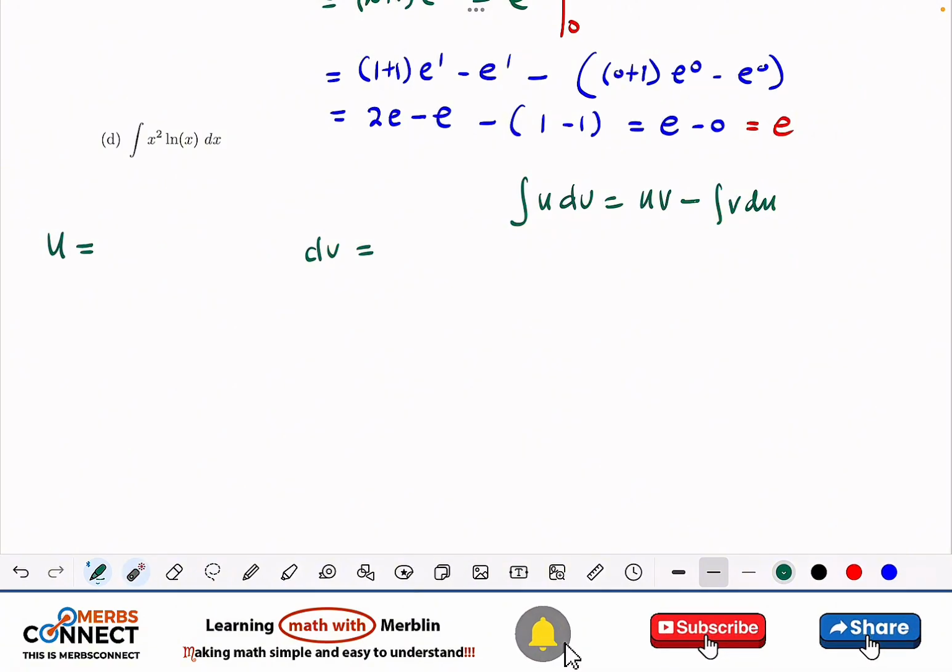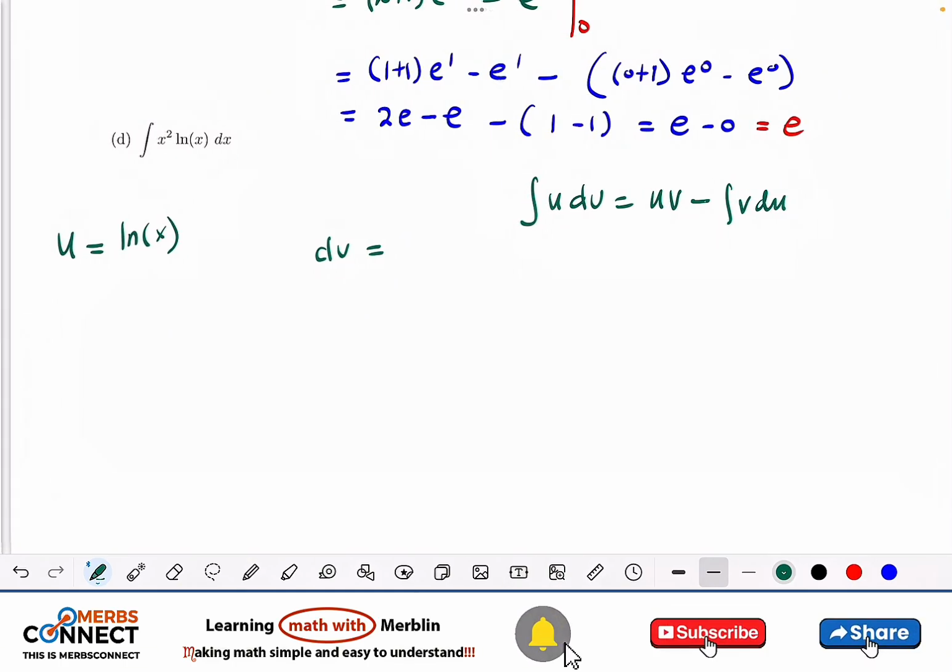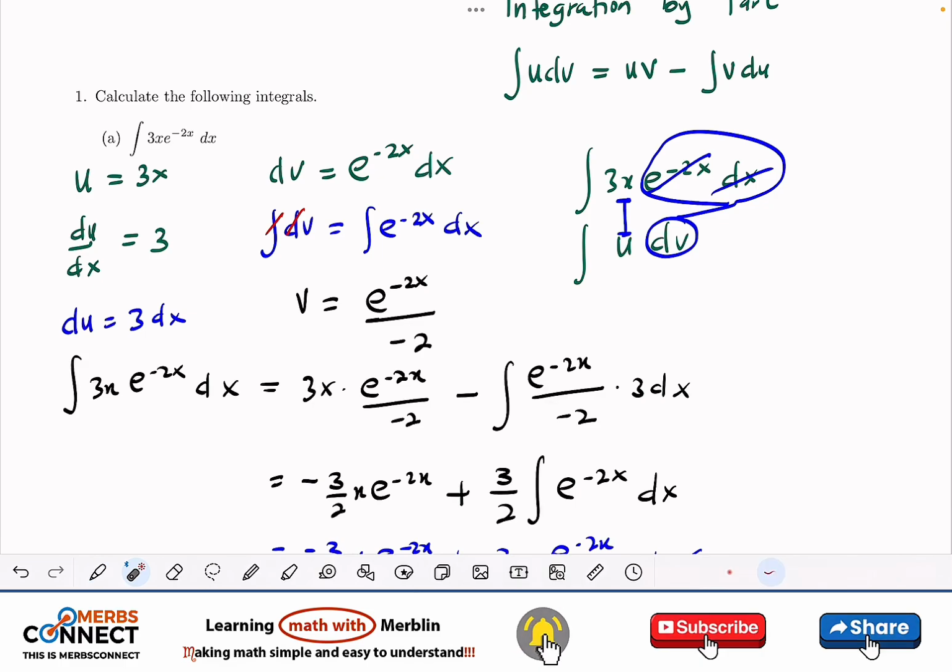Now, anytime you are dealing with an integration which involves the natural log function, then your u should be the natural log function. We said if it is an exponential function, your dv should always be the exponential function.